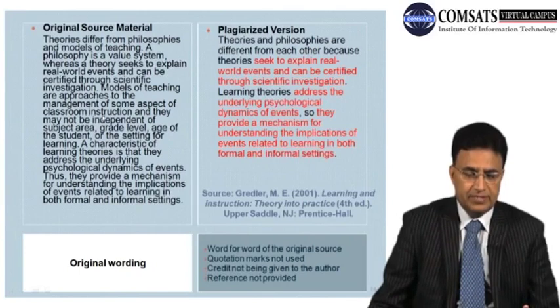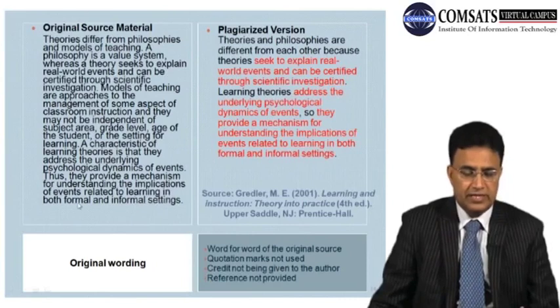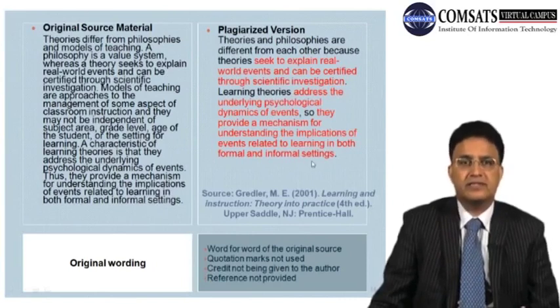I mean, he has skipped some of the material from models of teaching up to a characteristic of learning theories up to here. And then the same words addresses the underlying psychological dynamics of events. So they provide a mechanism for understanding the implications of events related to learning in both formal settings.